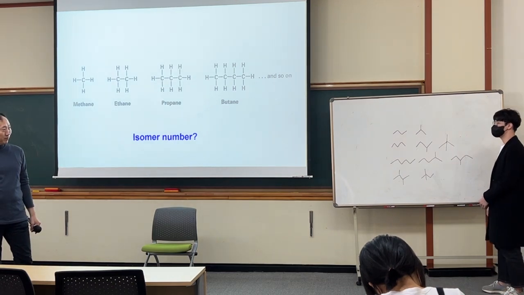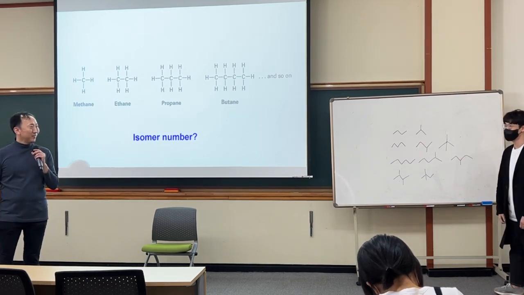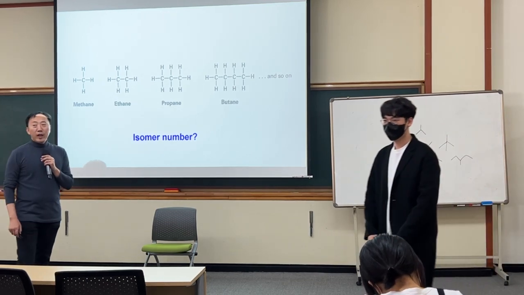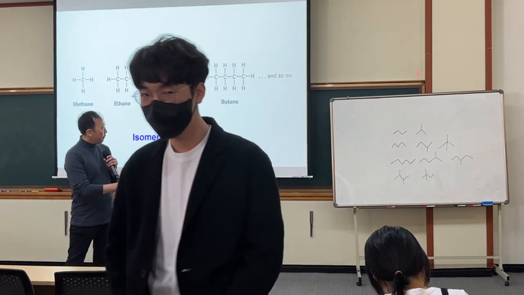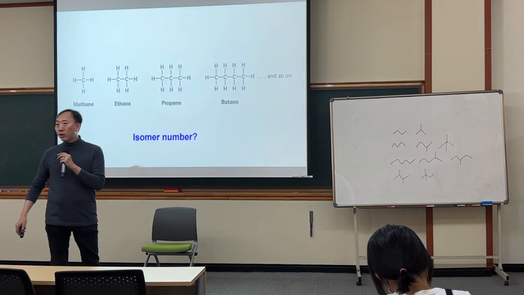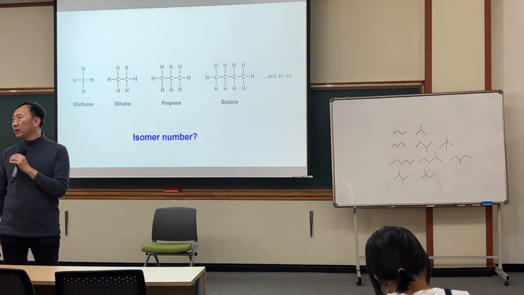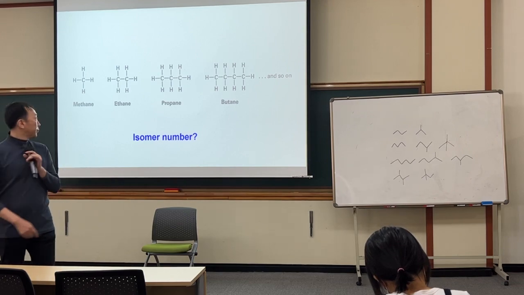Are you sure? 맞아, 잘했어. Okay, as you can see here, only 4 carbon, 5 carbon, 6 carbon. Already you see there are many combinations you can make. So this is very important, the practice too.